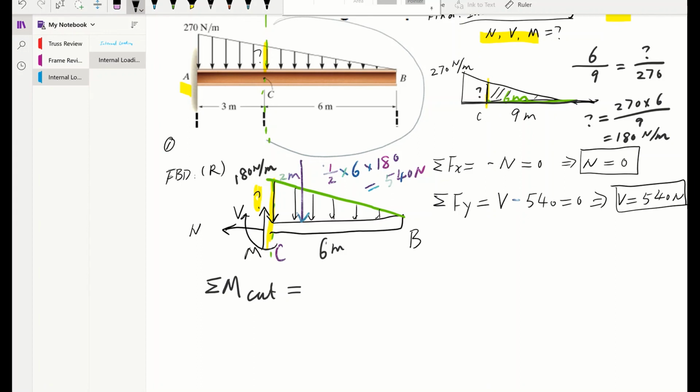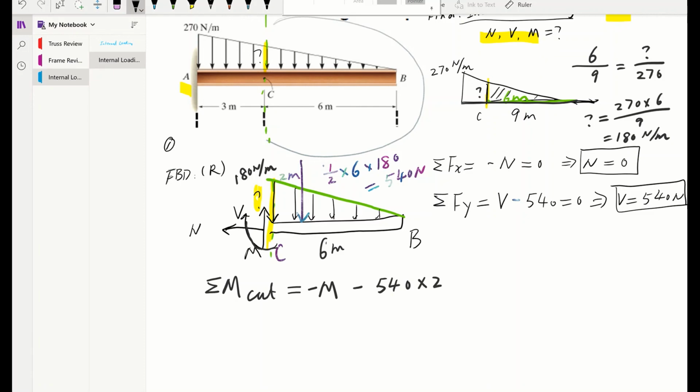So now let's write down this equation. So moment equation, and first one, this moment is happen to be what direction? Let's see. This is going to be the clockwise direction, so that would be negative M. And then for this distributed load, you find the equivalent as 540, and it's located 2 meters away from C. C is where you cut, so the moment arm is 2, and its clockwise rotation is minus.